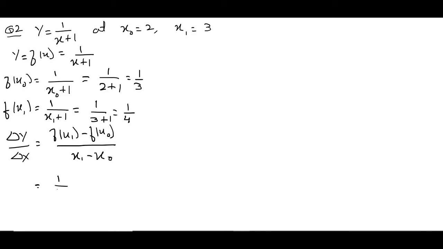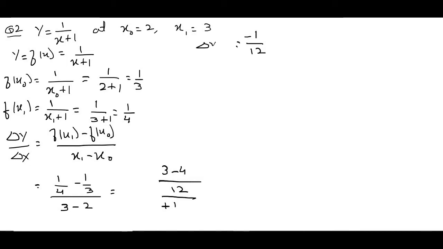So 1 over 4 minus 1 over 3, and here just replace with the points, that is 3 minus 2. Now we are going to simplify it here, that is 12, and 3 minus 4 over 12, this is your minus 1 over 12. So delta y by delta x is the answer. I have written the simplified form of the answer here.